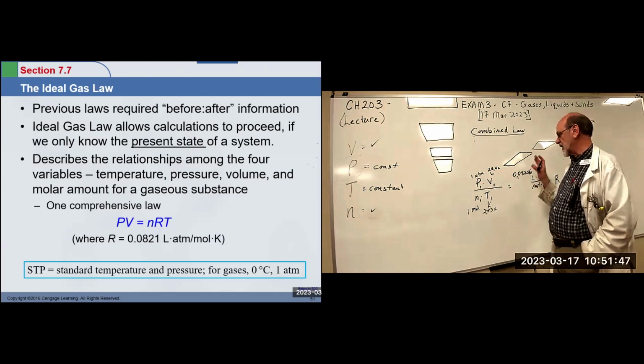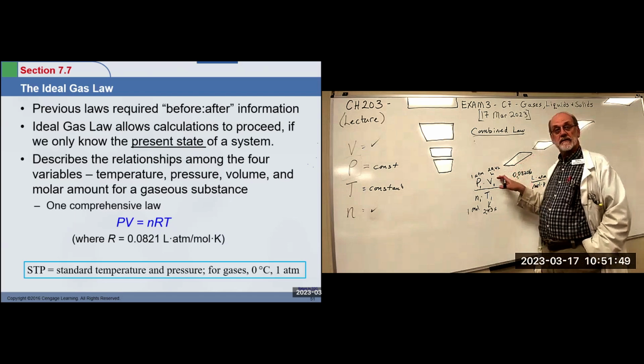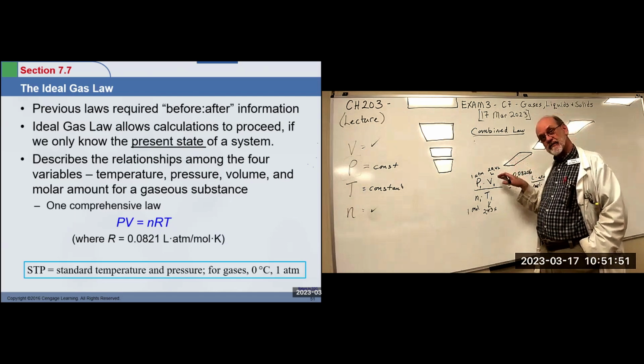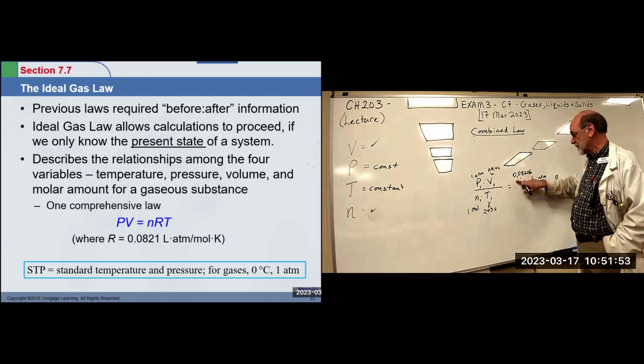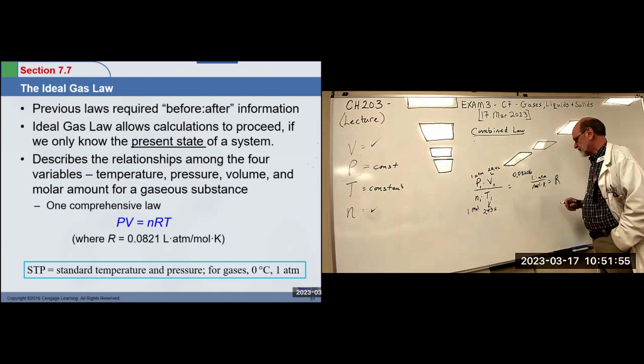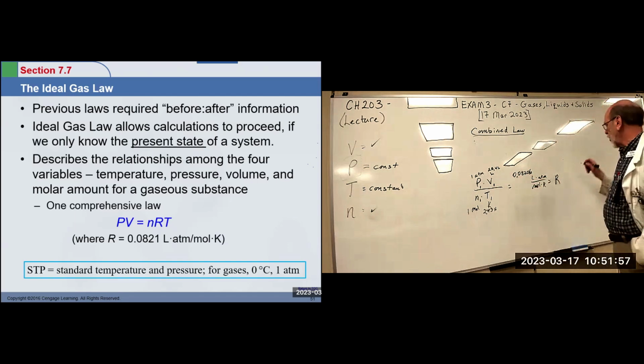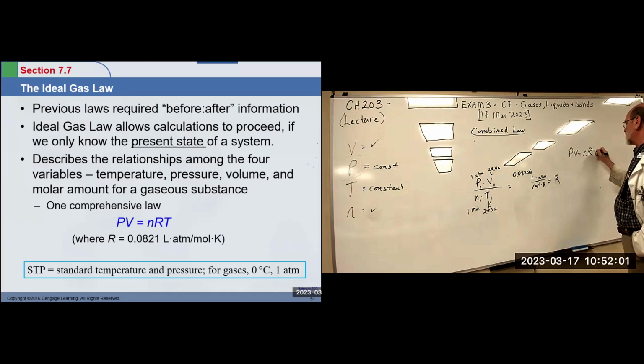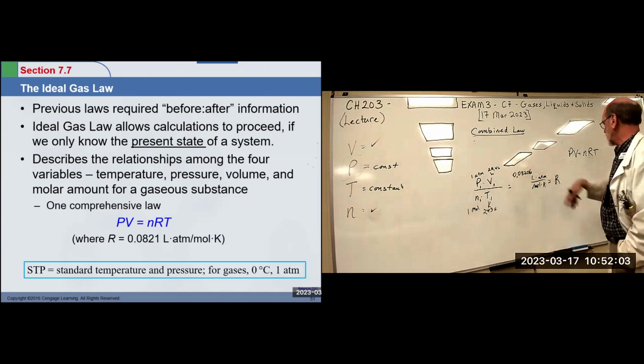Or where it's a different volume, then you've got to be sure it's in liters before you can use this constant. Okay, normally we see this equation written this way, PV equals nRT, which just rearranges things.